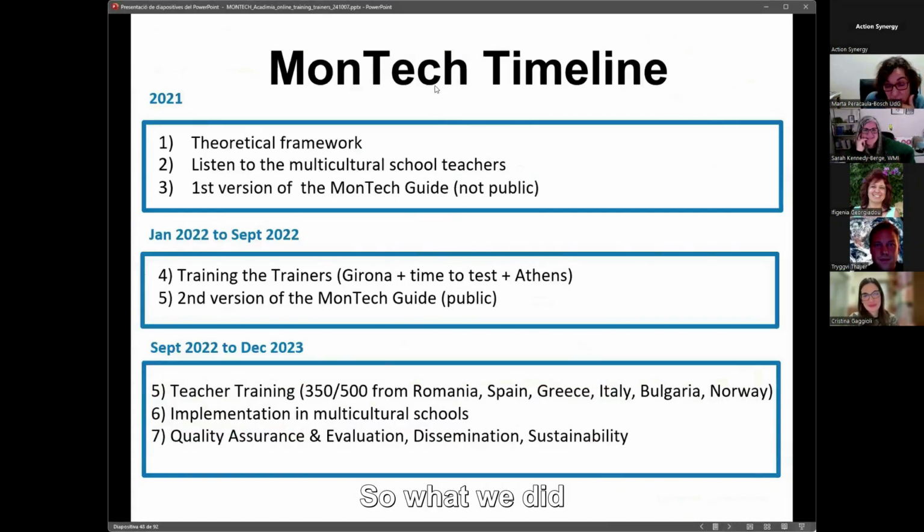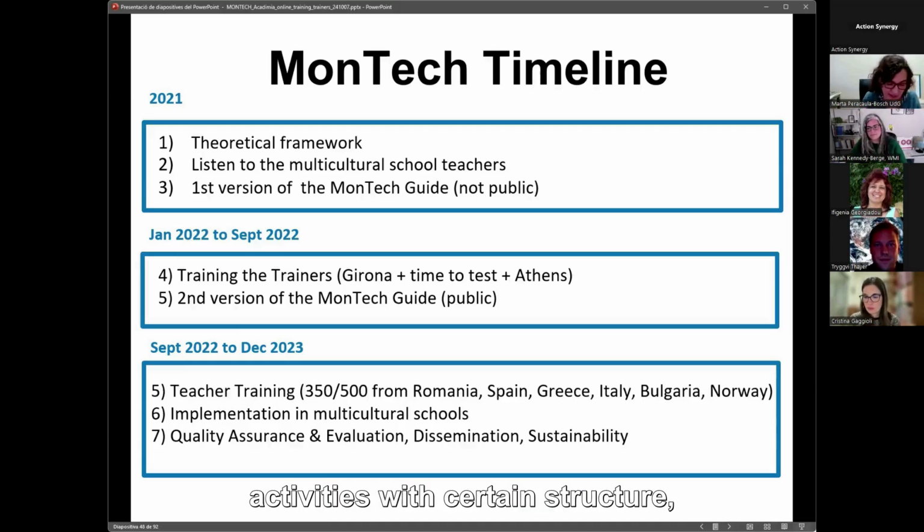So what we did in the Montec, the timeline was that we impregnated ourselves with the theoretical framework. We went to talk with multicultural school teachers to learn about their necessities, and from this came our first proposal of a guide, which is these learning activities with a certain structure.